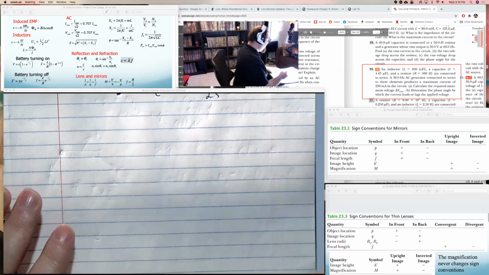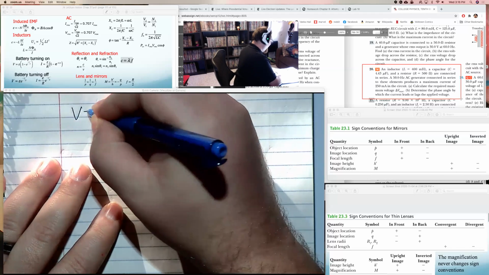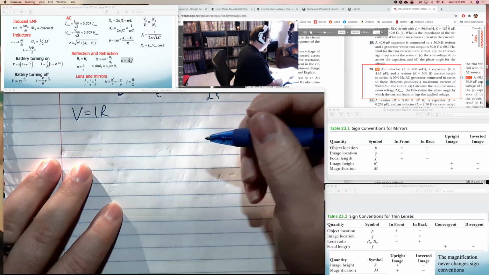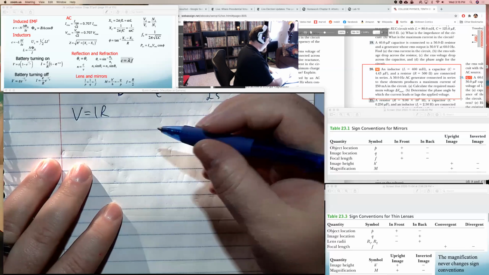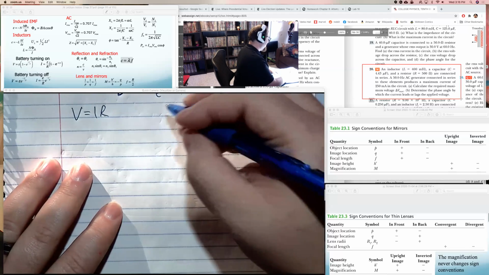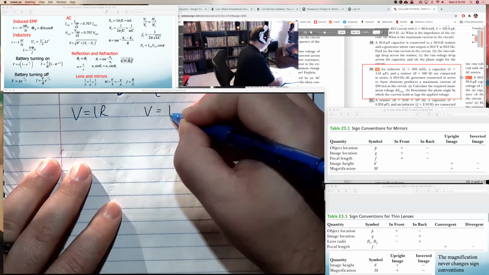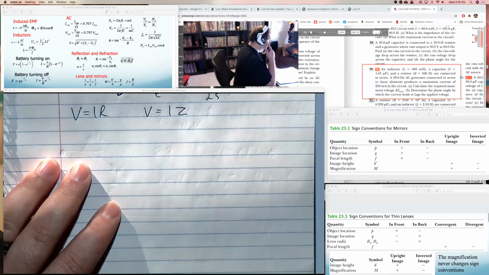We can say Ohm's law, V equals IR, if we just have a resistor or a DC circuit. But in an AC circuit, we don't deal with resistance, or not entirely. We deal with impedance. And we'll say V equals IZ.